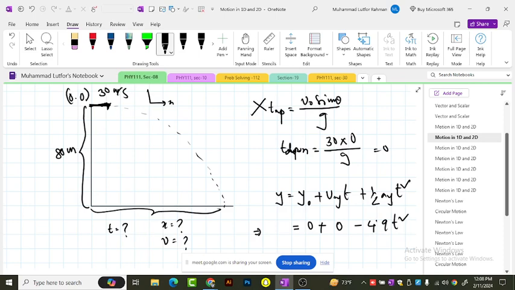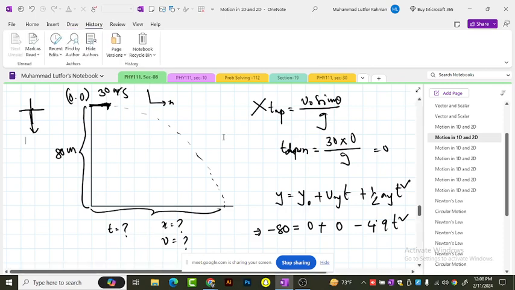Now what should be the y? It should be minus 80 meters obviously, because you are going in the downward direction from your origin. In the Cartesian coordinate system, if you go from the origin in the downward direction, that parameter would be negative. So y would be minus 80 here.